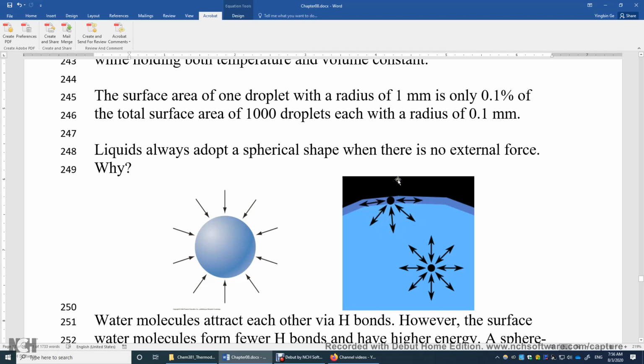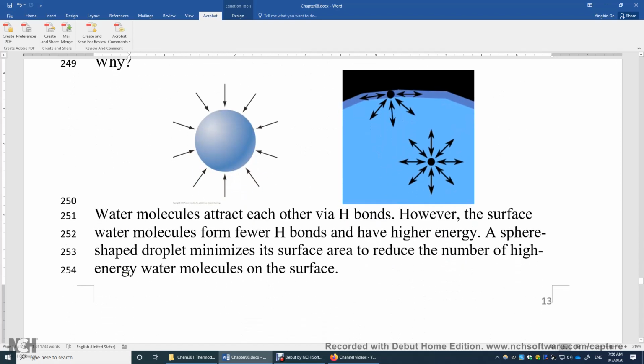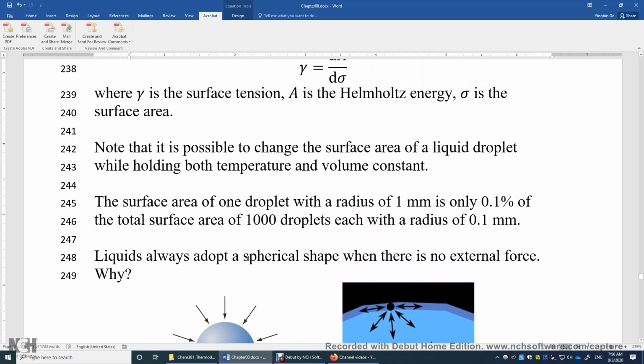There are water molecules on the inside, not outside. That's the reason you want to maximize the number of hydrogen bonds. So A has to be minimized under the constant temperature and volume condition. You need to reduce the surface.